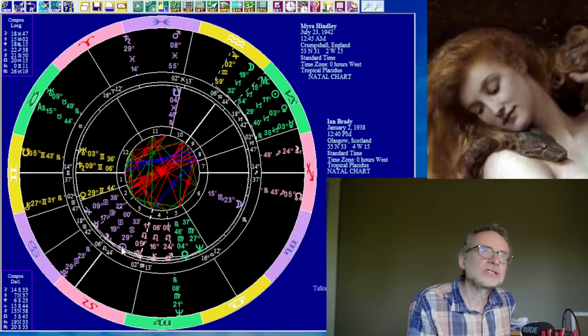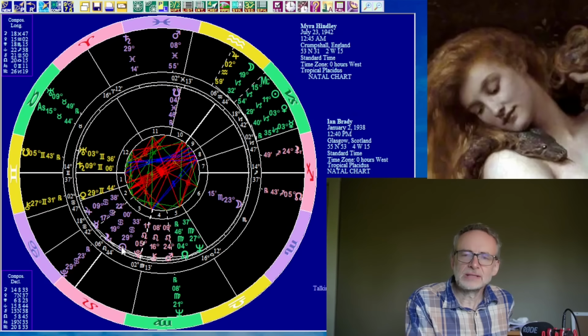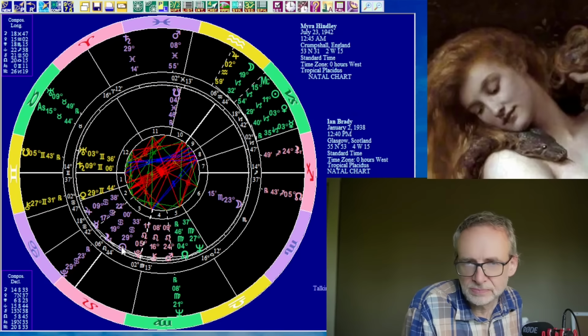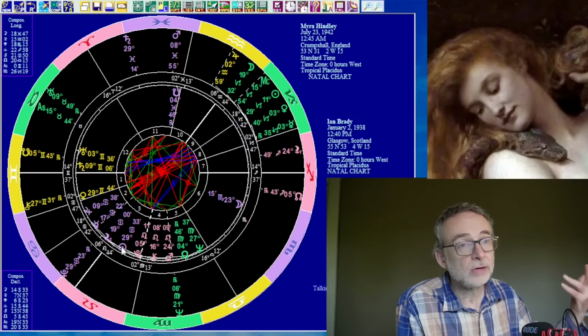But then there's his Moon, which I thought was really interesting. We do have a time of birth for him because Ian Brady was born in Glasgow in Scotland, and Scottish birth certificates have a time on them. For some reason, we've got Myra Hindley's time too.